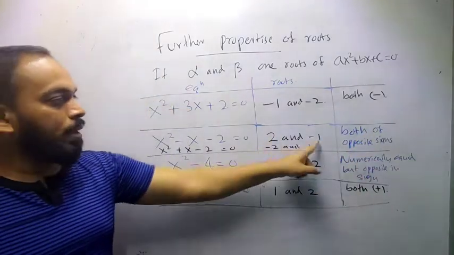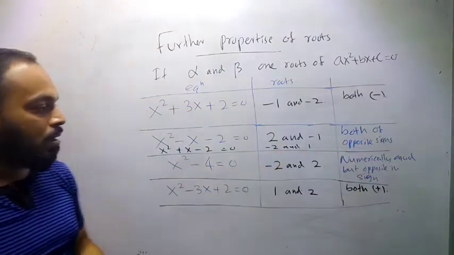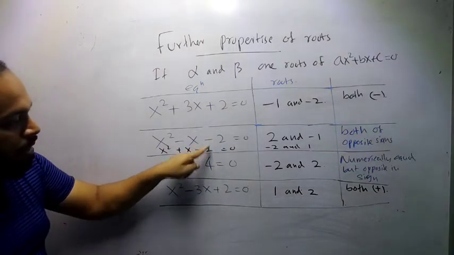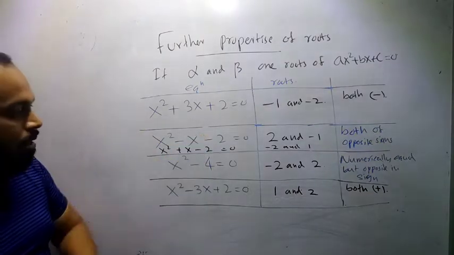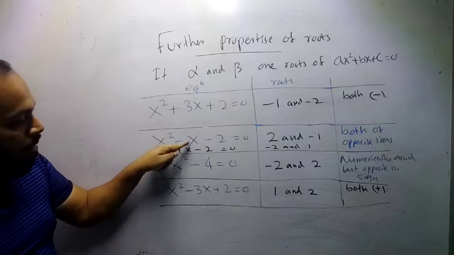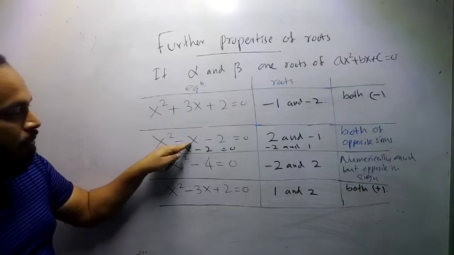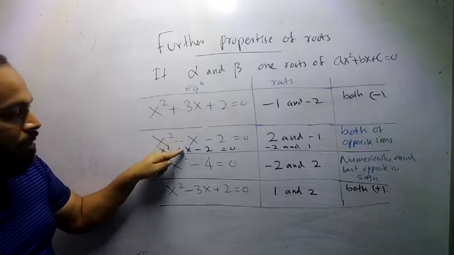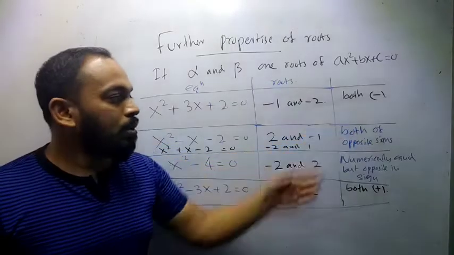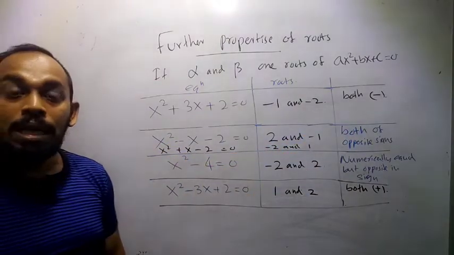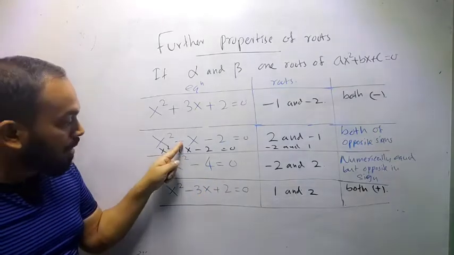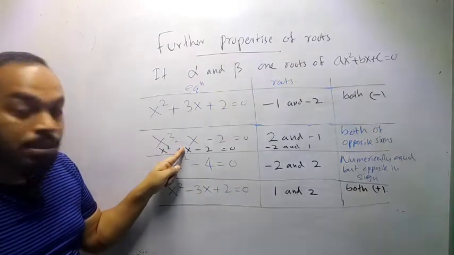This is 2 minus 1, this is minus 2 plus 1. What has changed? The constant is negative, but the coefficient of x is negative or positive. Either way, it doesn't matter. Either way, both roots would be of opposite signs.